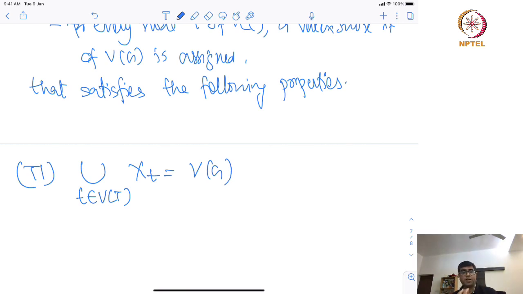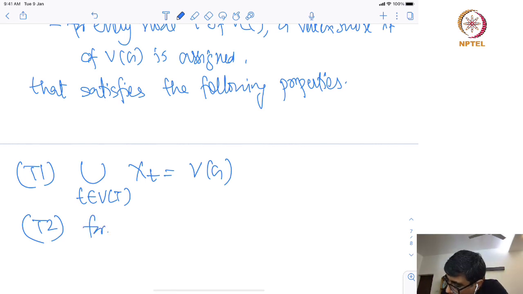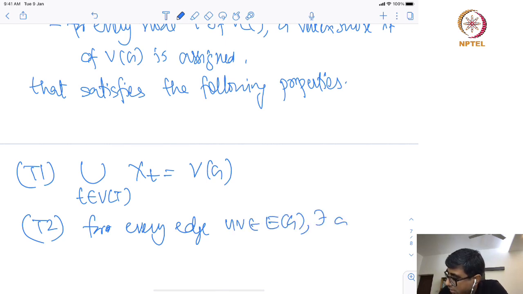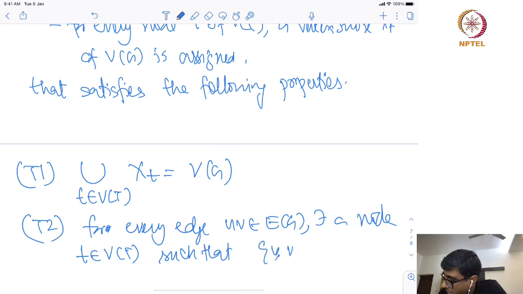Like every vertex appears in some bag, and it makes sense, right? I mean, okay. T2, okay, is that for every edge uv in E(G), there exists a node t in V(T) such that {u, v} is a subset of xt.